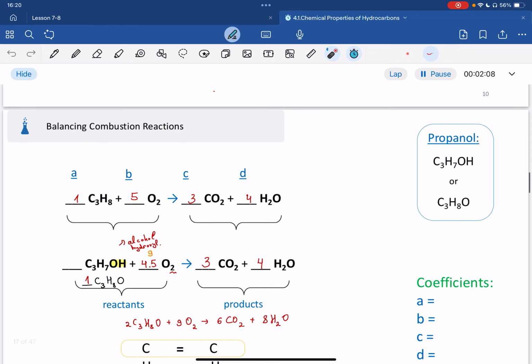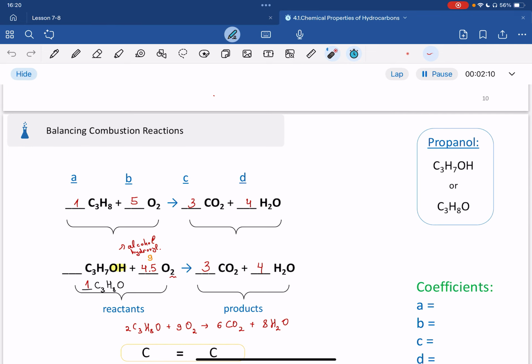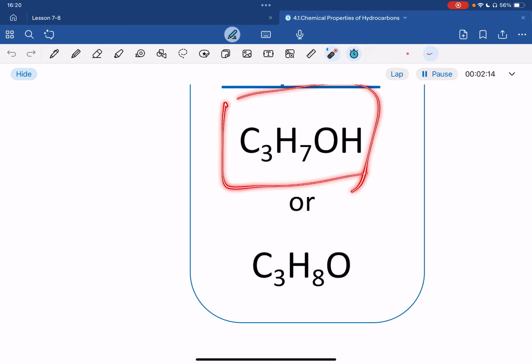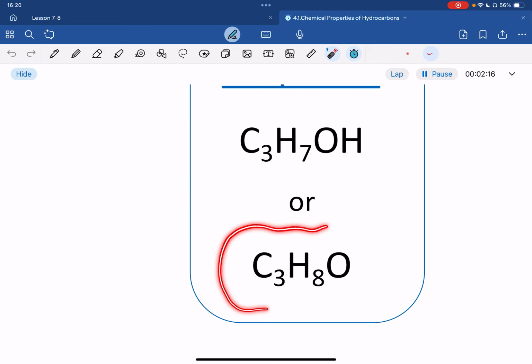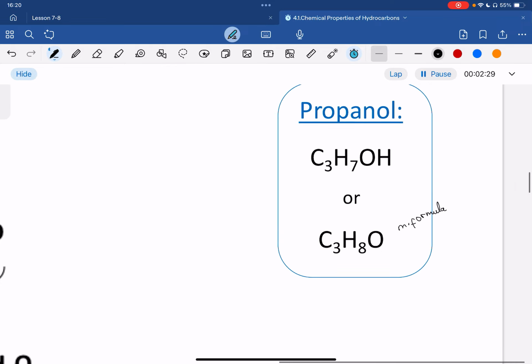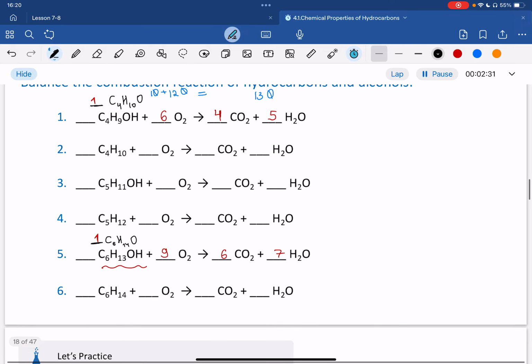And how do we balance the combustion reactions? Just a key: whenever you see formulas like these, always change them to the molecular formula. Let me write MF, molecular formula, so that it's easier for you in balancing chemical equations.